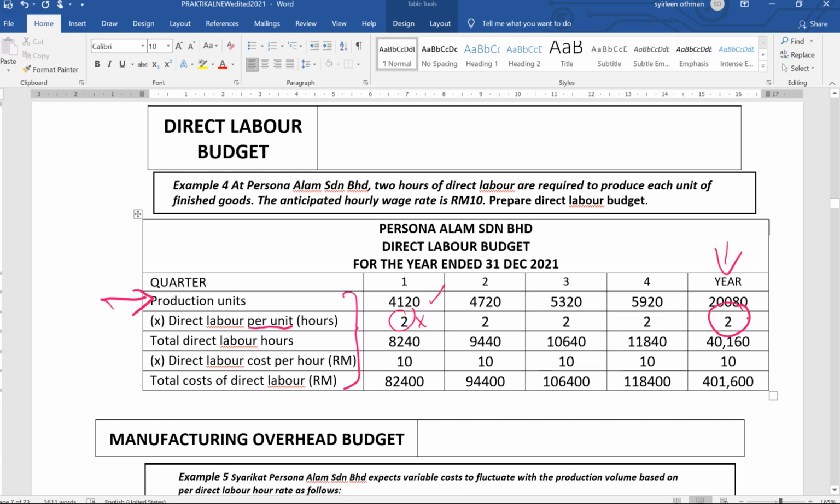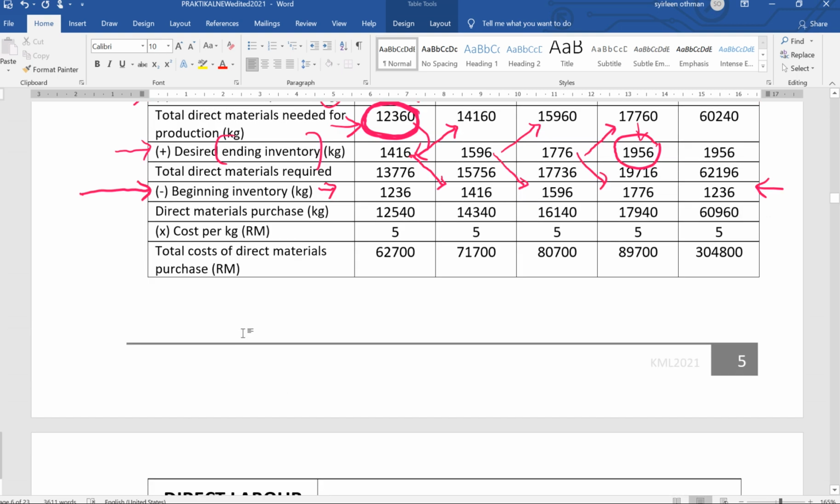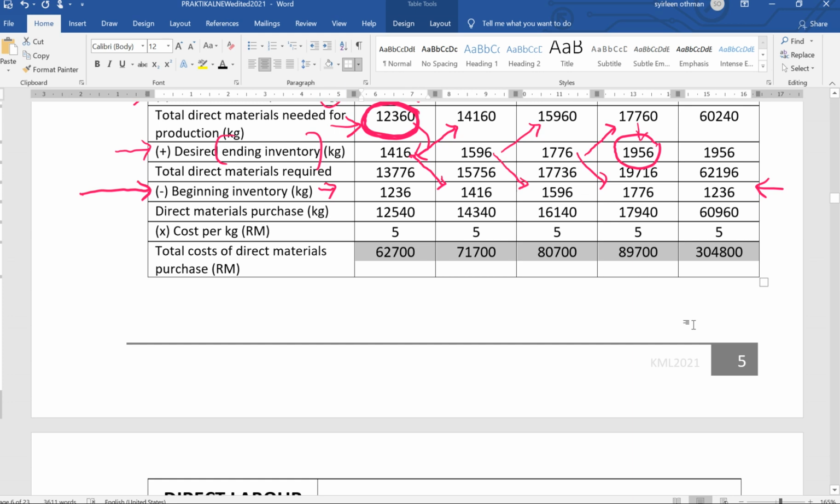Okay, your direct material just now earlier, item dekat bawah ni adalah bahan mentah yang kita perlu beli. Alright, so this is actually what you are supposed to pay to your supplier. So this item here is also your accounts payable amount. Okay, that you'll be paying, and dia akan nampak nanti di cash budget.